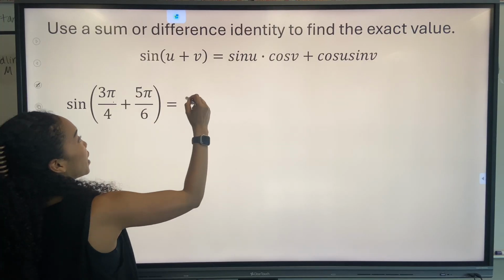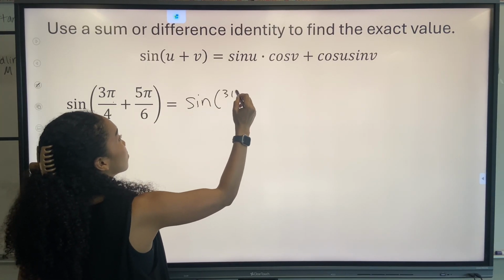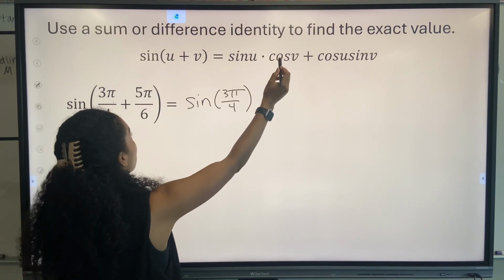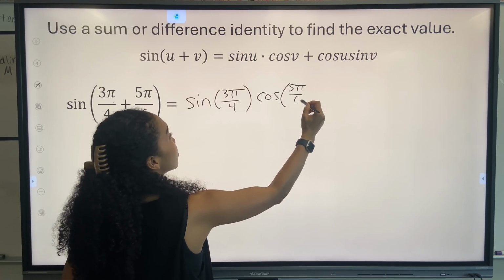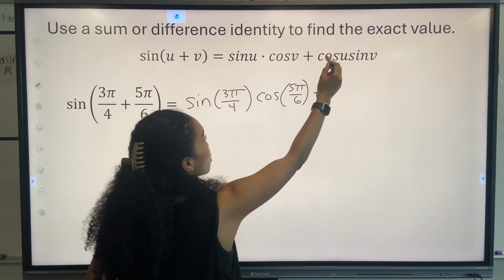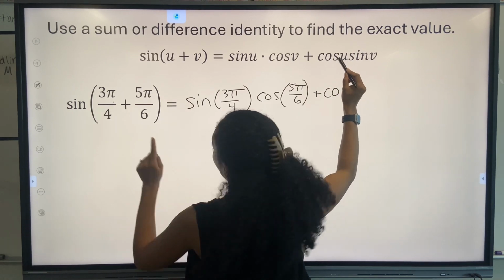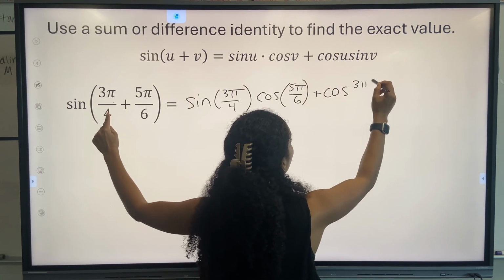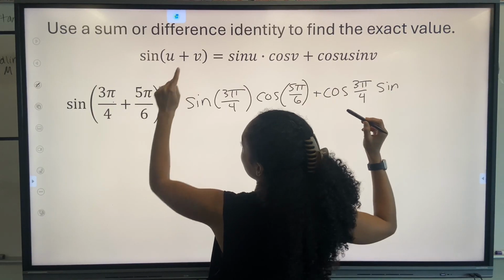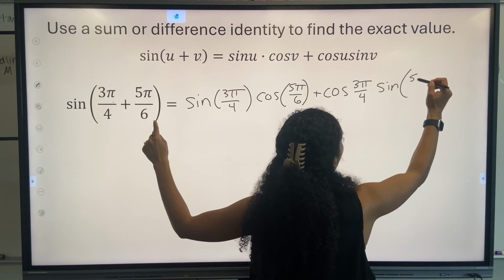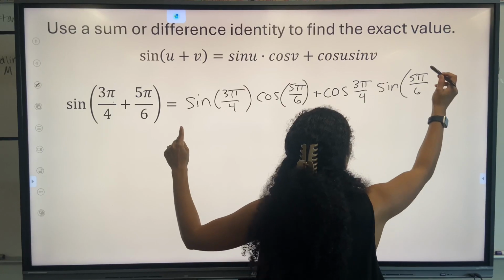Sine of this first angle, cosine of this angle, 5 pi over 6, plus cosine of the first value, 3 pi over 4, then sine of V, which is the second angle, 5 pi over 6.